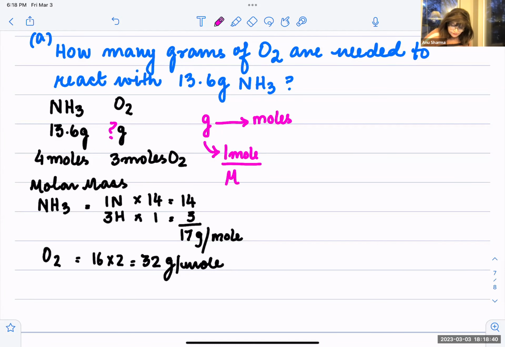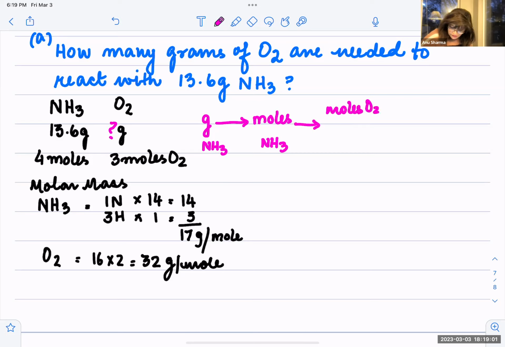Next, you take the moles of oxygen over the moles of ammonia. This cancels out the moles of ammonia, and the grams of ammonia.